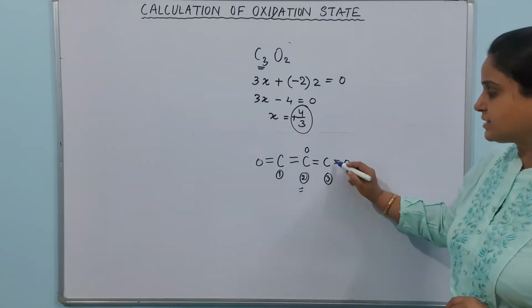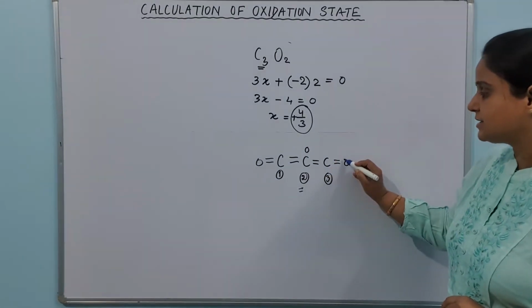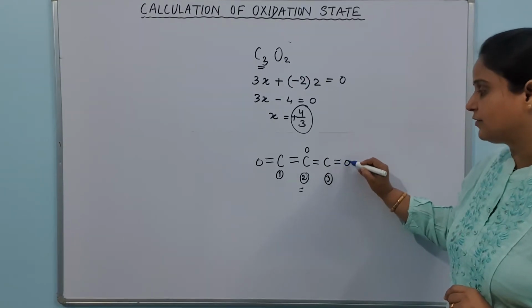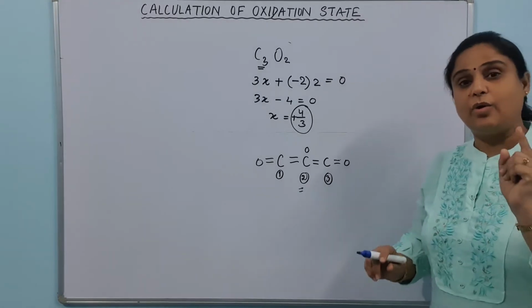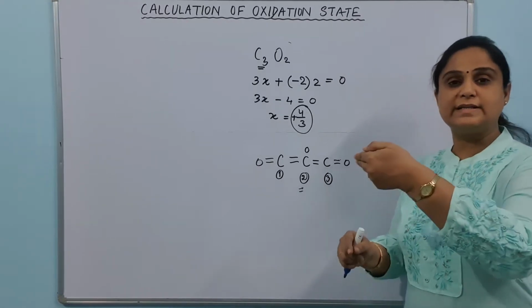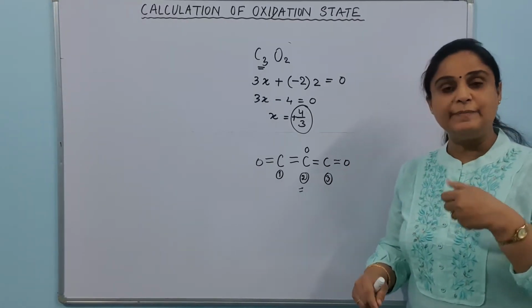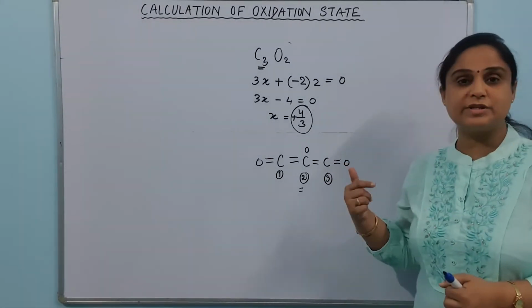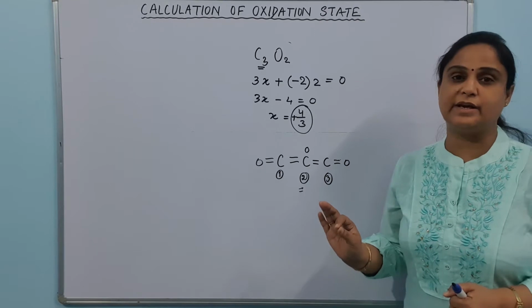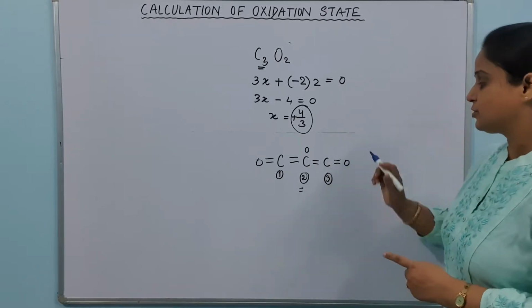Fine. Now look at this carbon. This carbon is attached with 2 bonds to oxygen. Now in this case, whenever you see the bond, always remember that one bond is pulling 1 electron of carbon and the second bond is pulling the second electron of carbon. And just because it is oxygen, it will definitely be pulling the electron from the carbon side. So what is happening here?